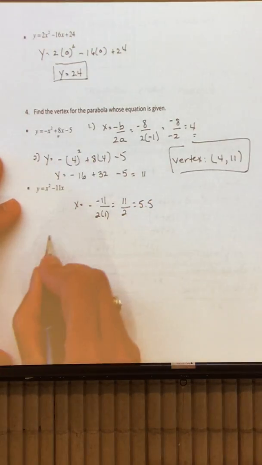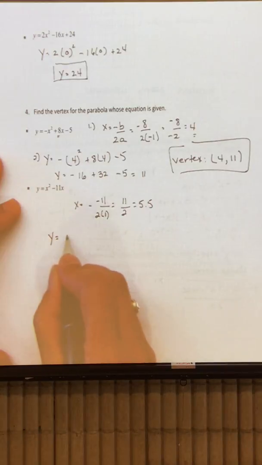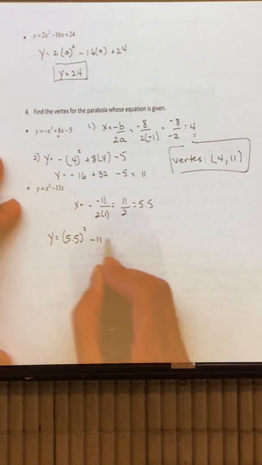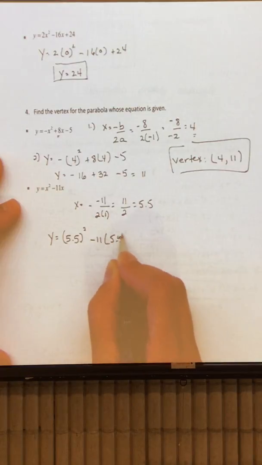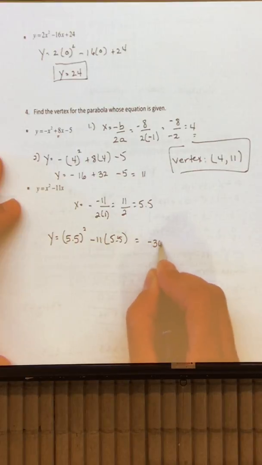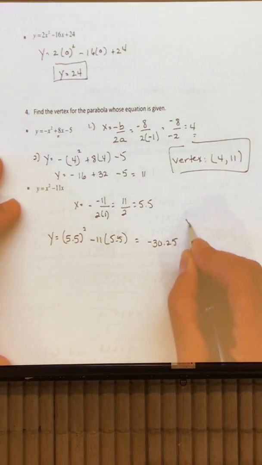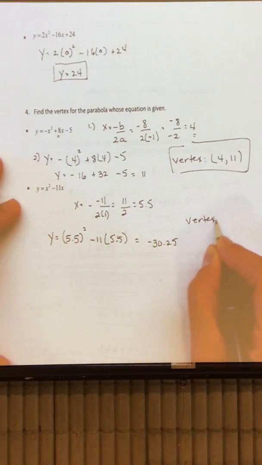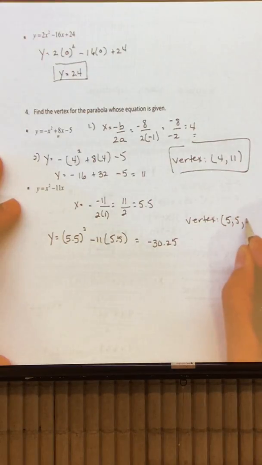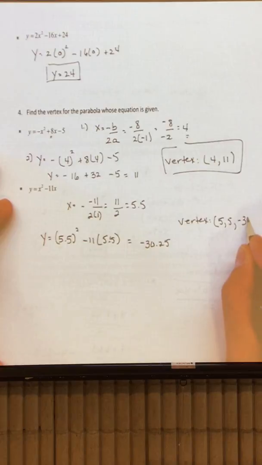Substituting 5.5 into the equation, you have y is equal to 5.5 squared minus 11 times 5.5, and that is equal to negative 30.25. Therefore, our vertex is equal to 5.5 comma negative 30.25.